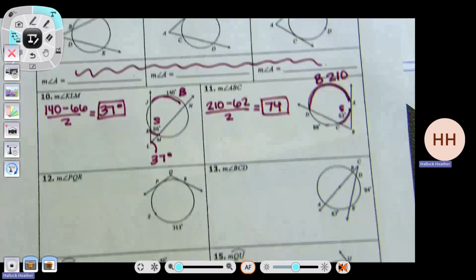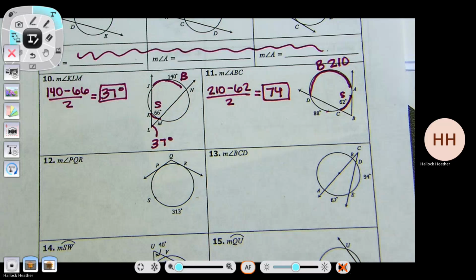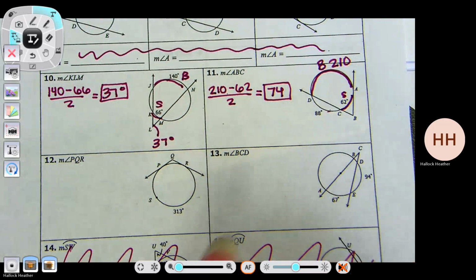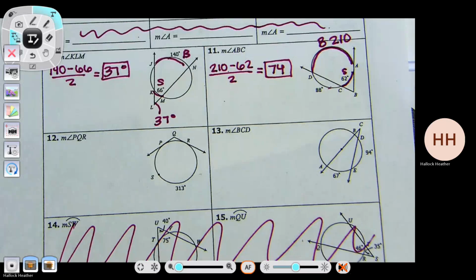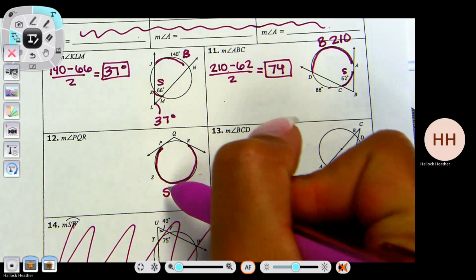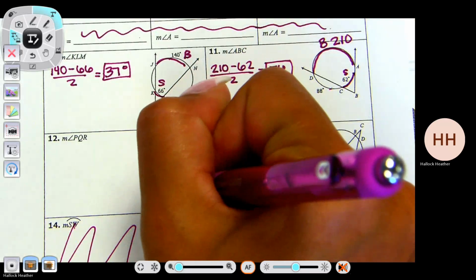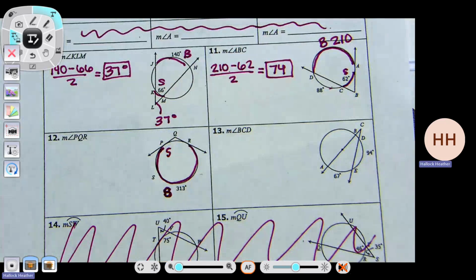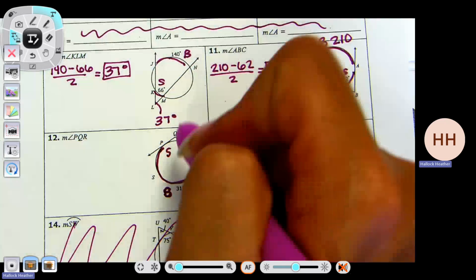Okay, so using that same kind of thinking process, try 12. Has anybody figured out small arc? 47, good.